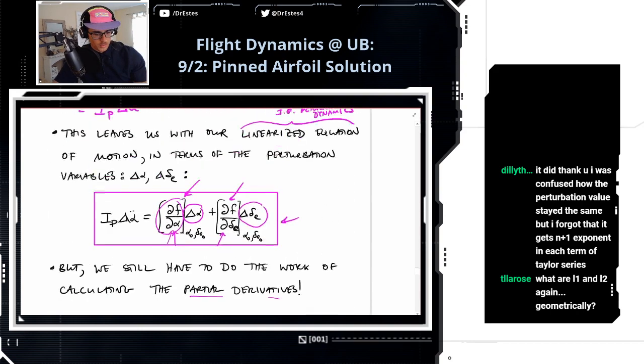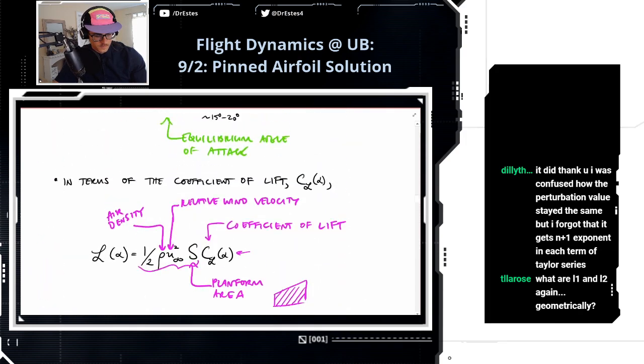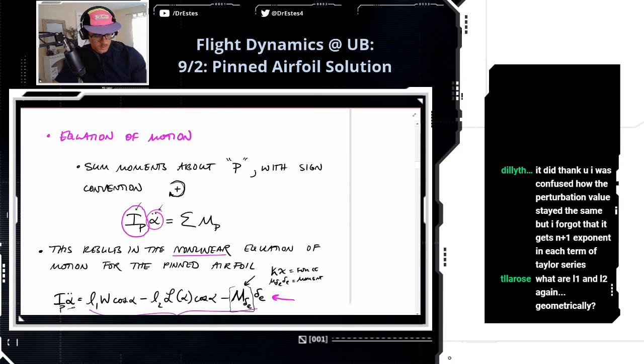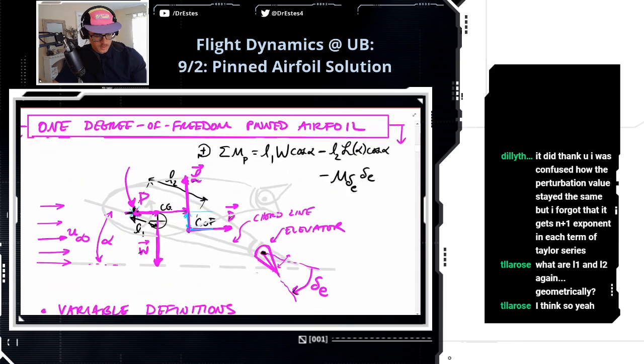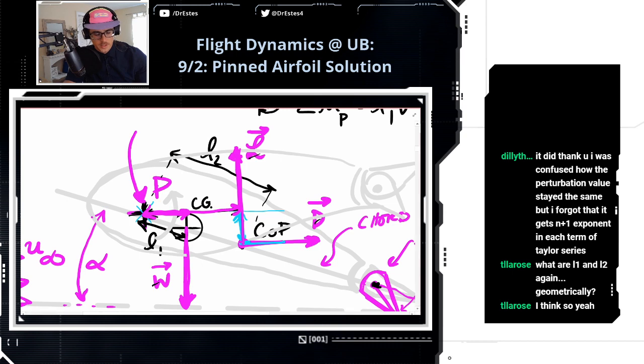So I'll scroll up real quick, just show you that. Yeah. So L1 is the distance between this pin joint P and the CG. And then L2, distance between the pin joint and the center of pressure.